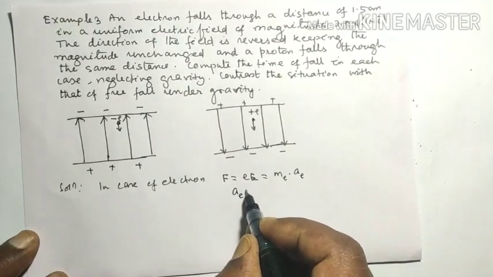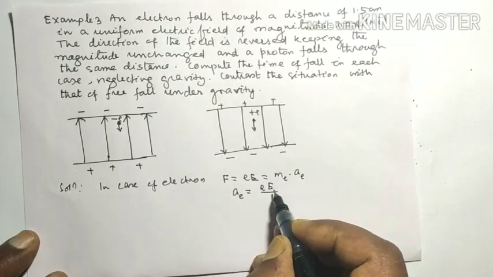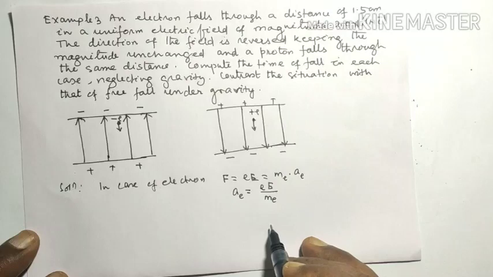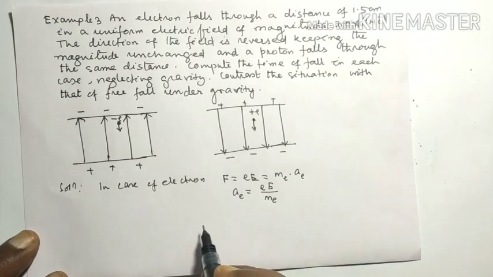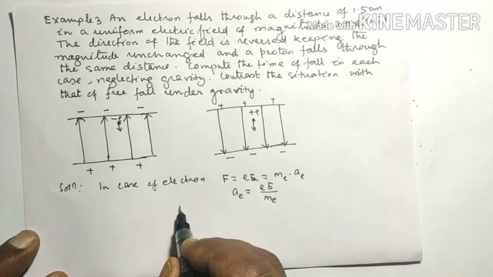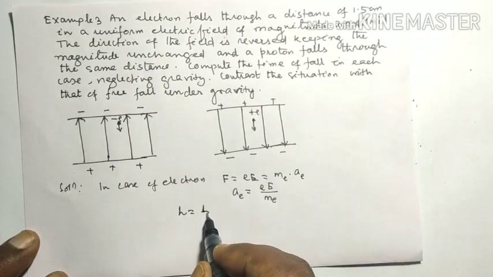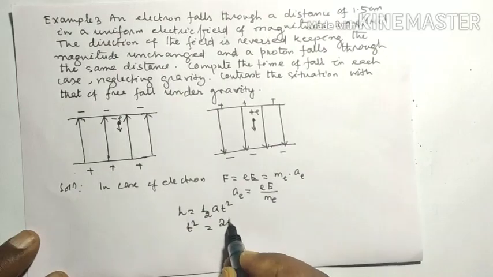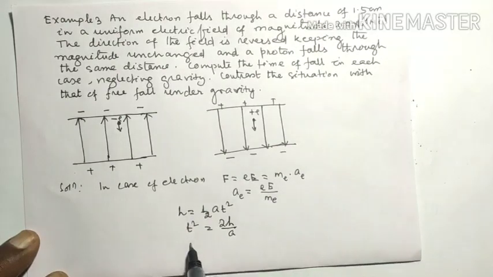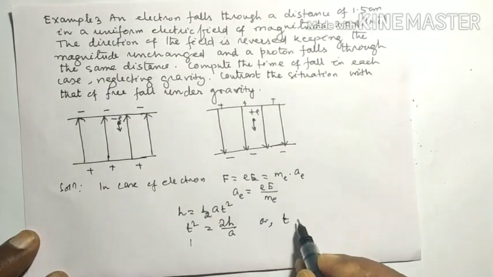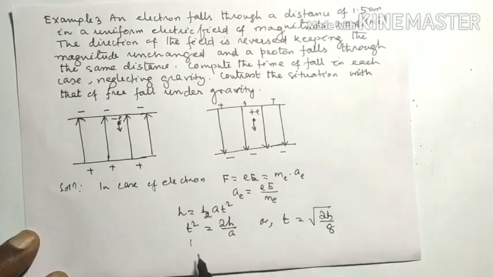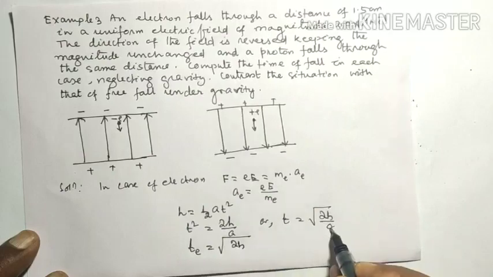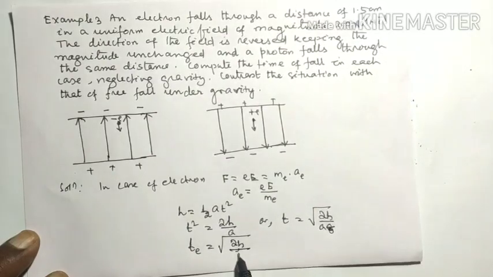So AE, acceleration of the electron, is equal to EE by ME, and we have to find the time. So we know that H equal to half AT square. So T square equal to 2H by A. So for electron TE equal to square root of 2H by AE.